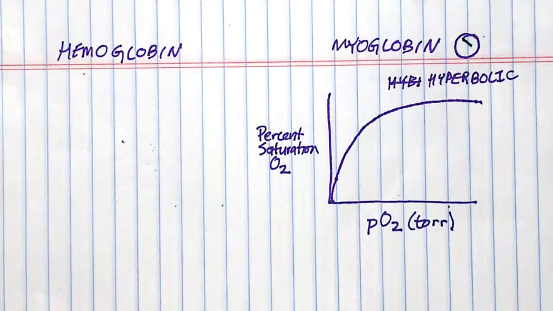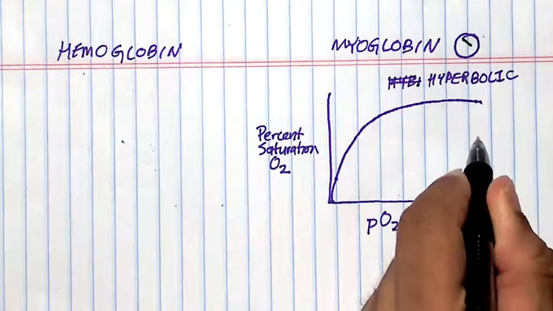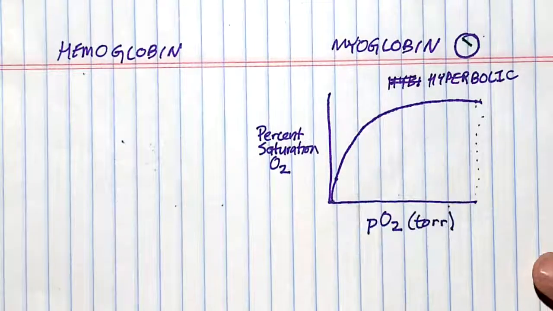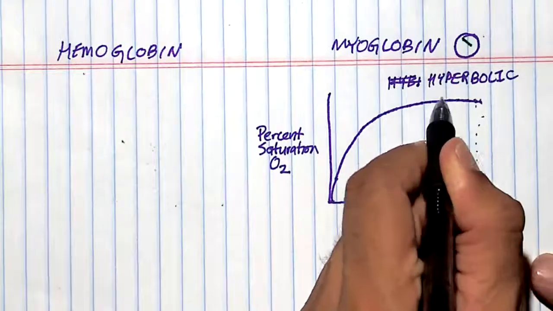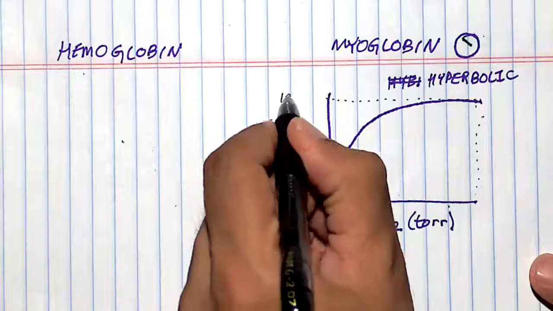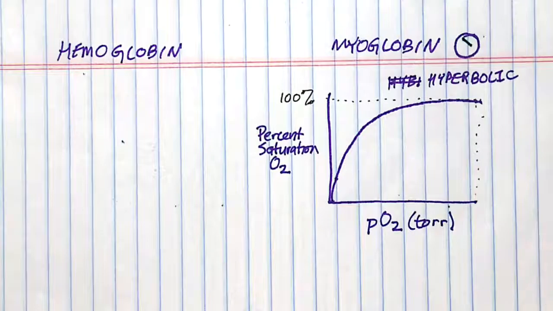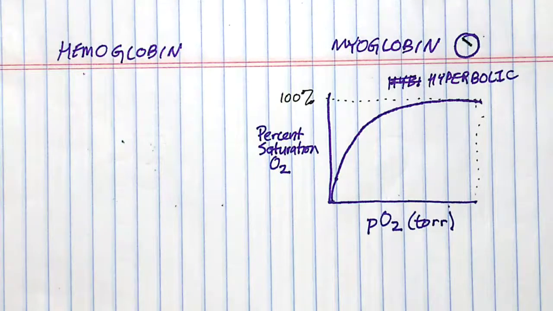A hyperbolic curve. So what are the implications of a hyperbolic curve? Well, one implication is if you raise your oxygen concentration or oxygen pressure sufficiently high, eventually all of the heme sites on your myoglobin molecule will be bound with oxygen. So more oxygen around, more likely it's going to go in and bind to myoglobin.